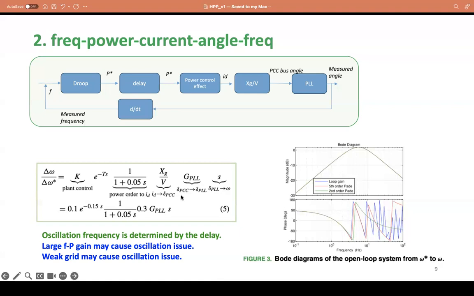This gain is influenced by the plant level droop gain and grid influence. Therefore, again, a weaker grid may cause issues, and a large frequency-power gain may cause oscillation issues. This is a set of parameters that can cause issues. In this case, 0.3 is the grid strength, that's the XG.